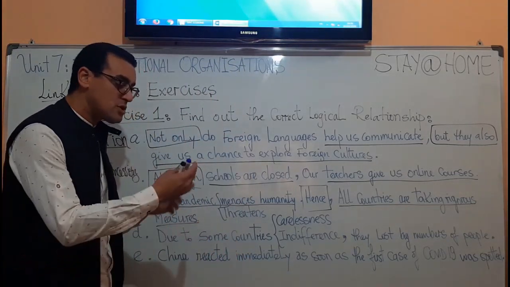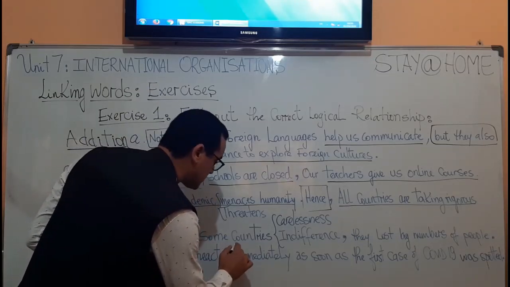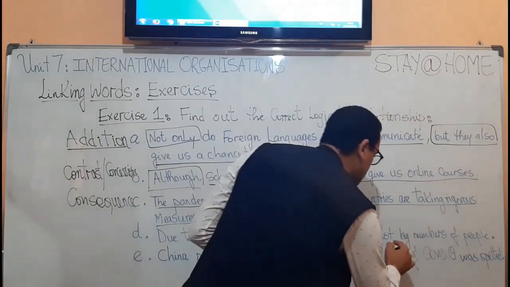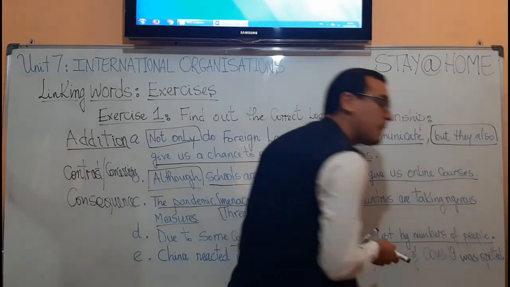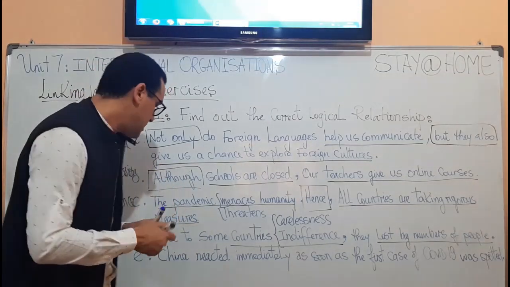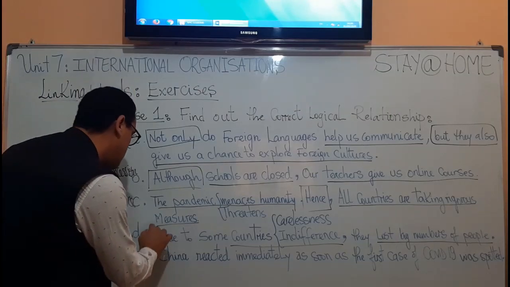So the logical relationship that we have between the two ideas here: the first idea is some countries' indifference and carelessness, and then they lost big numbers of people. So what's the link between these two ideas? The logical relationship is guaranteed by due to.